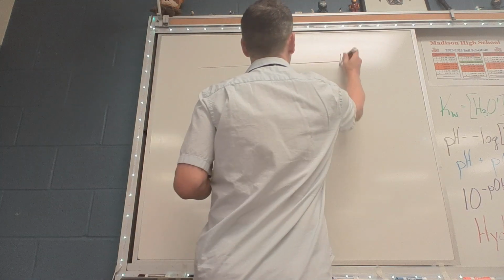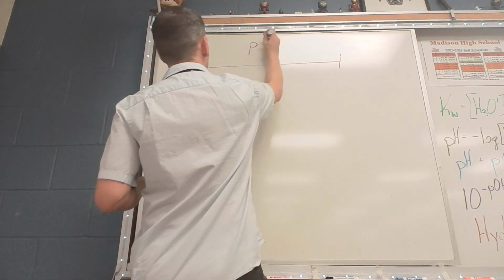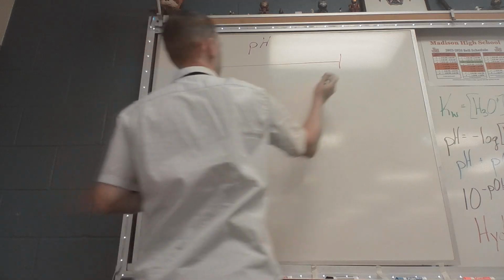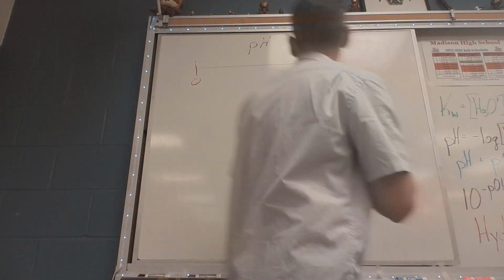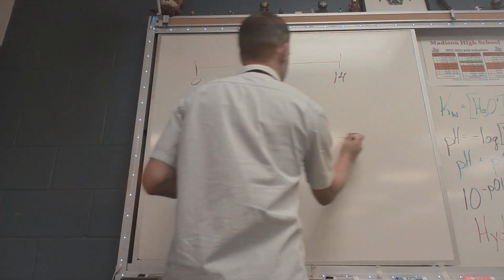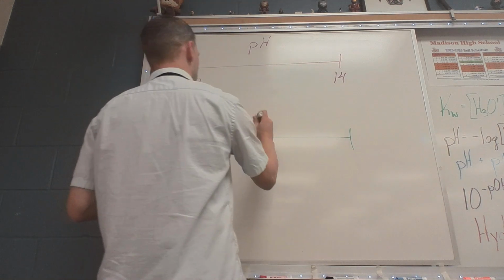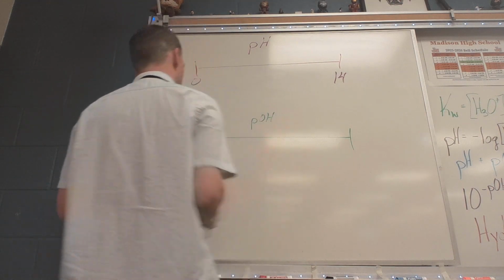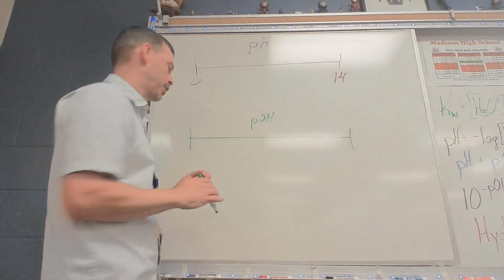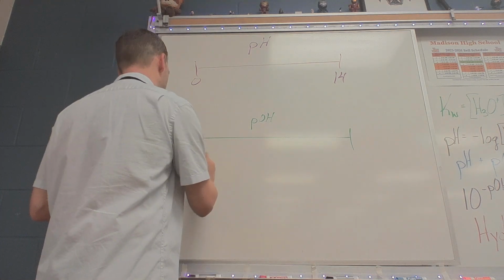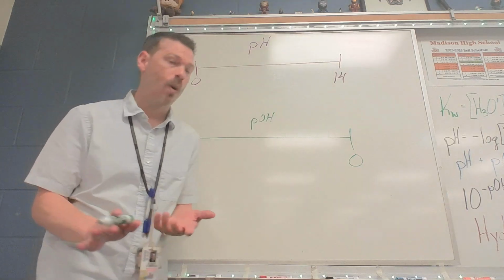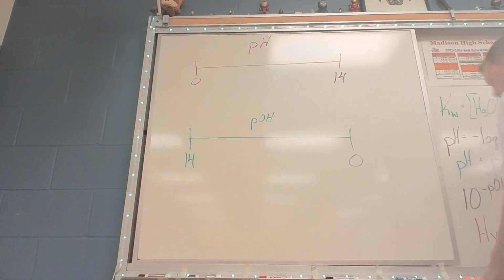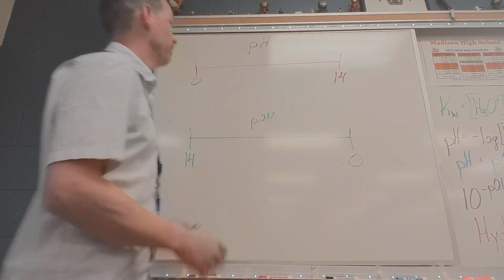We've got a pH scale that runs from 0 to 14. And at the exact same time, we have a pOH scale that runs the same direction. But I'm going to draw this one backwards. And for those of y'all that remember the class from last year, you know why I'm drawing it backwards. But hey, you can relearn it right now if you want to.